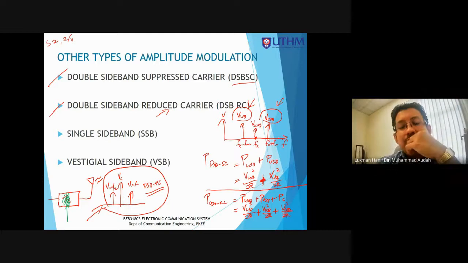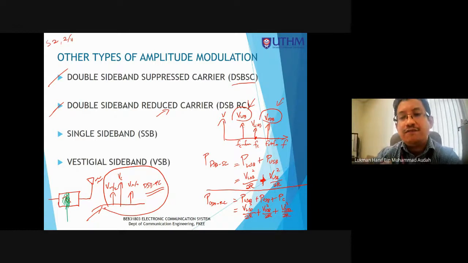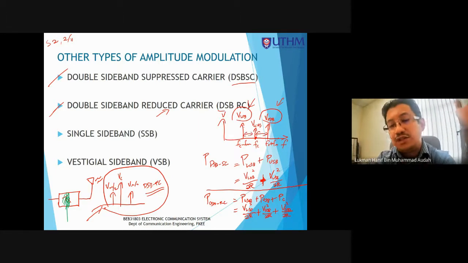What about the bandwidth? The bandwidth for both double sideband suppressed carrier and reduced carrier, we still have two sidebands. Both types still have two sidebands.